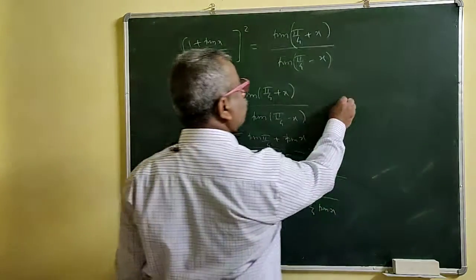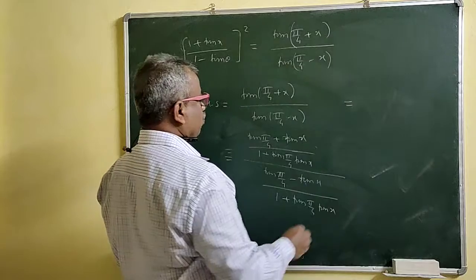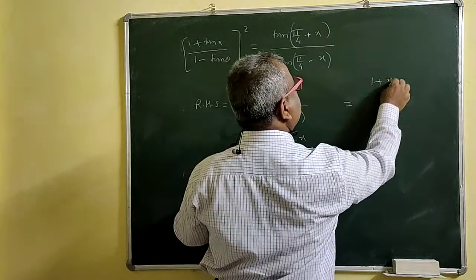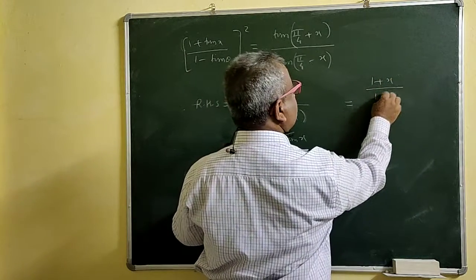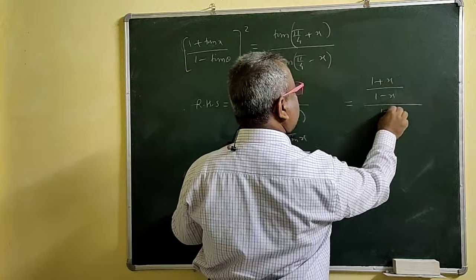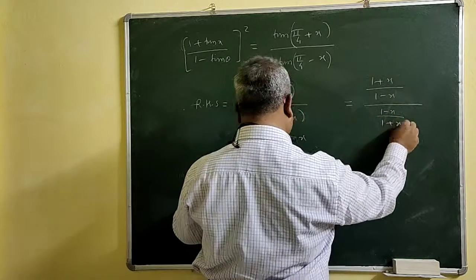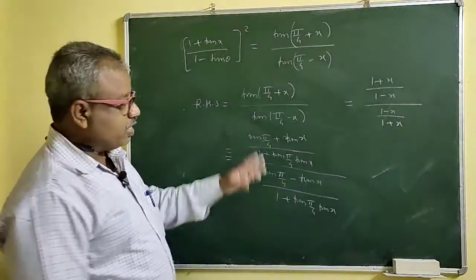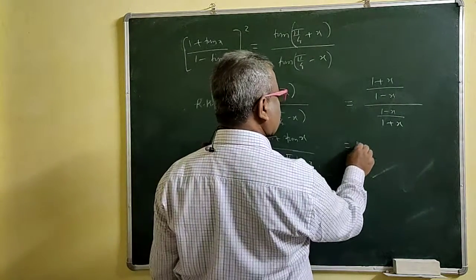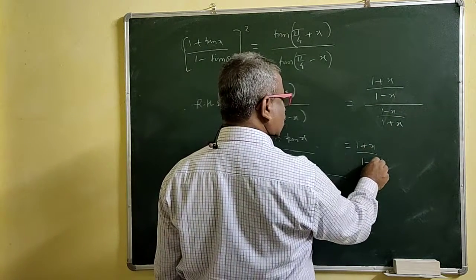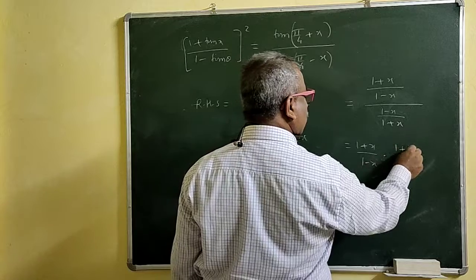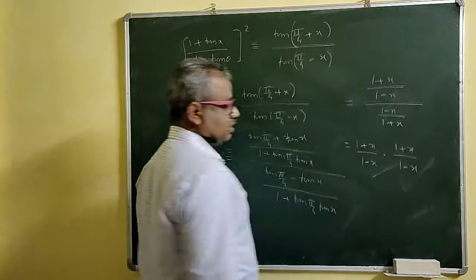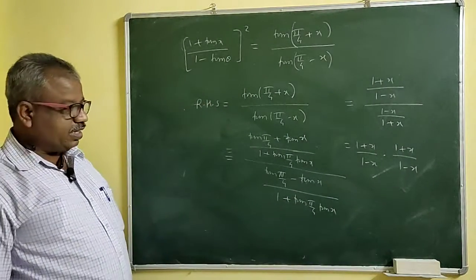So this will be equal to, we write numerator (1 + tan x) upon (1 - tan x) and (1 - tan x) upon (1 + tan x). We take the reciprocal of the denominator now. This is (1 + x) upon (1 - x) into (1 + x) upon (1 - x). We are writing it this way.